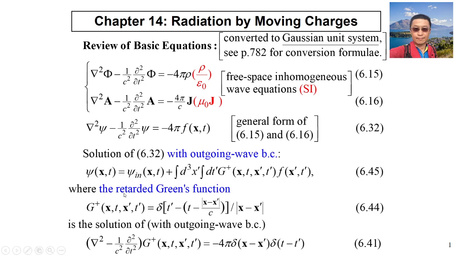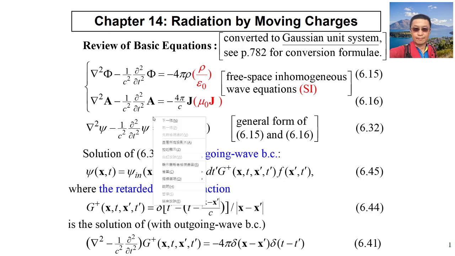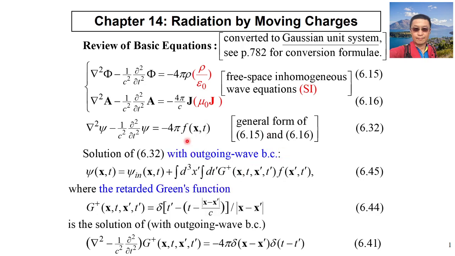So we learned this before. The retarded Green's function was derived from these equations. It's a little bit hot. Let me turn on the fan. Just a moment. Okay, so we learned this in chapter 6. These equations are in chapter 6 as well as in chapter 9.